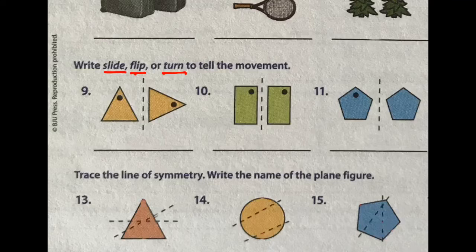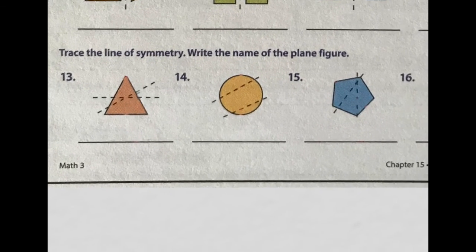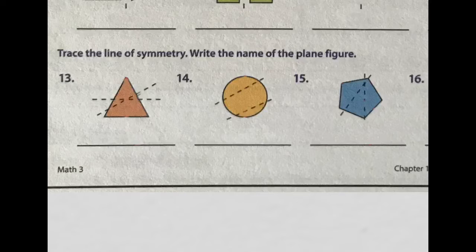Numbers 13, 14, and 15. There are 2 steps. First step, trace the lines of symmetry. They give you 2 dotted lines. You're going to actually trace the line that shows a symmetrical cut in the shape, and then we'll check those.